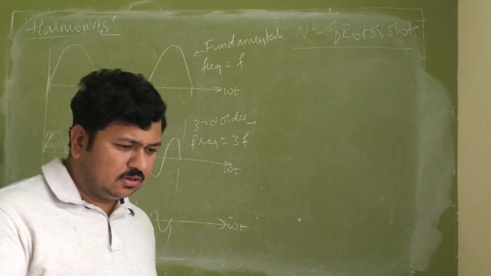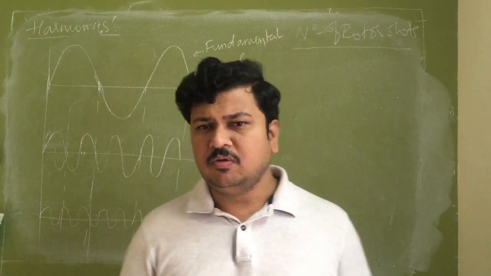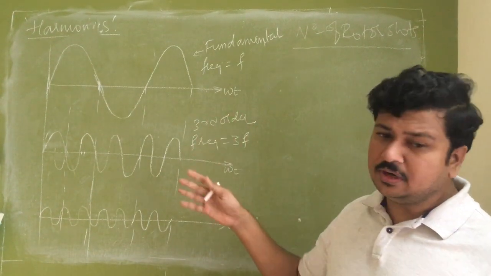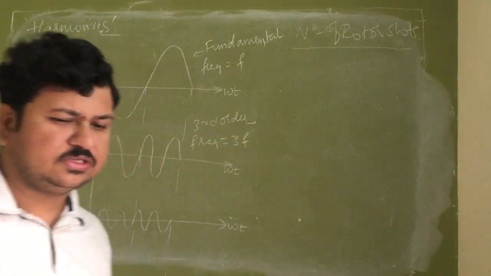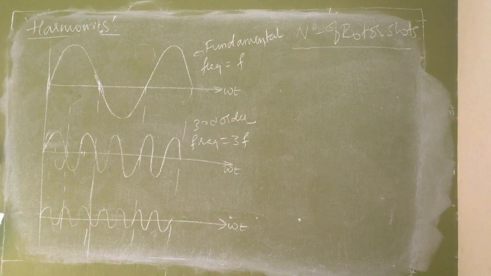Now, to reduce the effect due to slotting, I have to see what the effect of slotting is, and how the rotor behaves when there are certain combinations of slots and if there are harmonics. So these are the harmonics. Yesterday we saw the same waveform I have written.